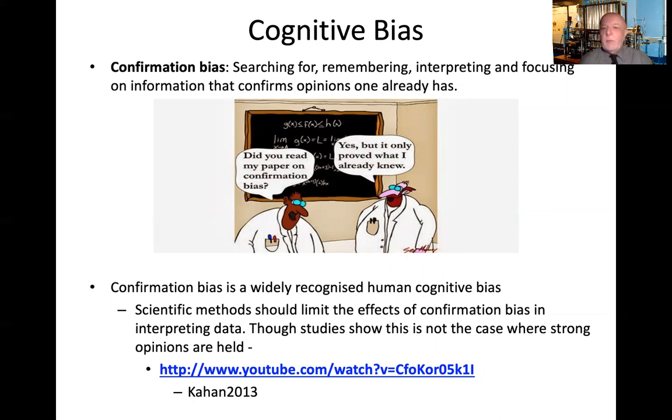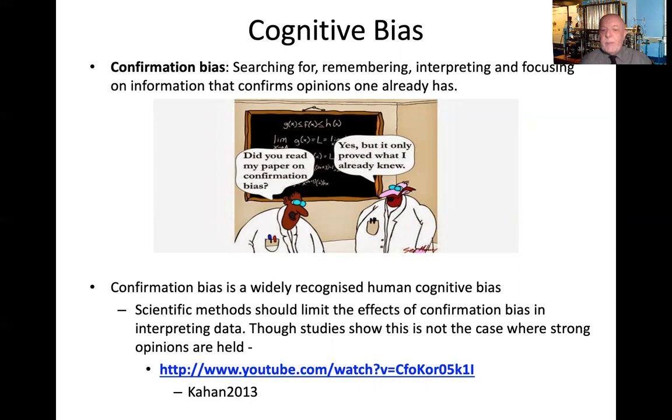So we search for, we remember, we interpret, and we focus on information that confirms the opinion that we already have. And you could see why this might be quite bad when we're looking at critically evaluating both literature and actually coming up to do our own experiments and get our own conclusions from our own work.